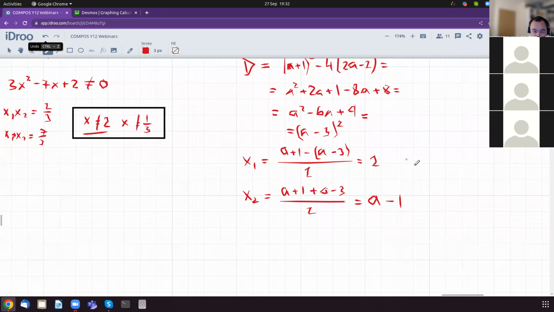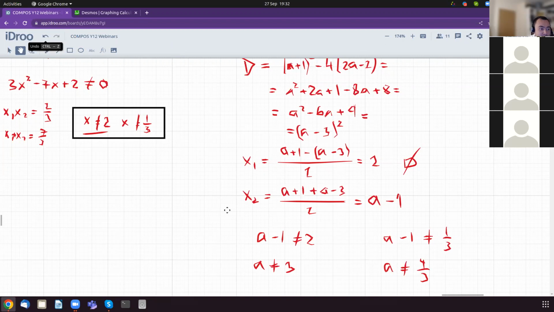So this is rubbish, we don't need that. It's not equal to 1/3 either. So we have to see that a minus 1 is not equal to 2, and a minus 1 is not equal to 1/3. So a is not equal to 3, and a is not equal to 4/3.